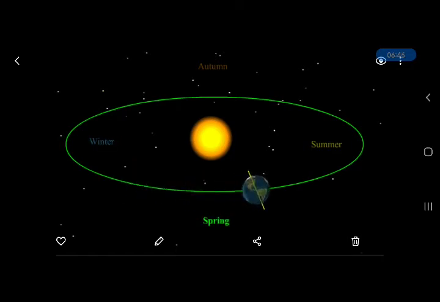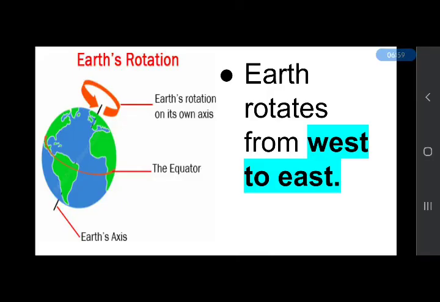And this path or orbit has an oval shape. And earth rotates from the west to the east. Therefore, the sun rises in the east and sets in the west, because earth rotates from the west to the east.